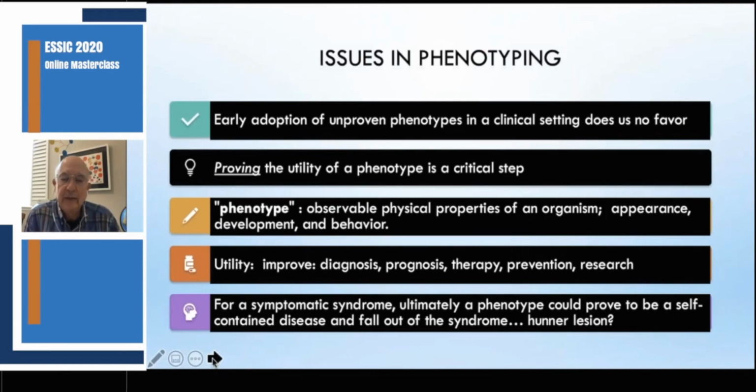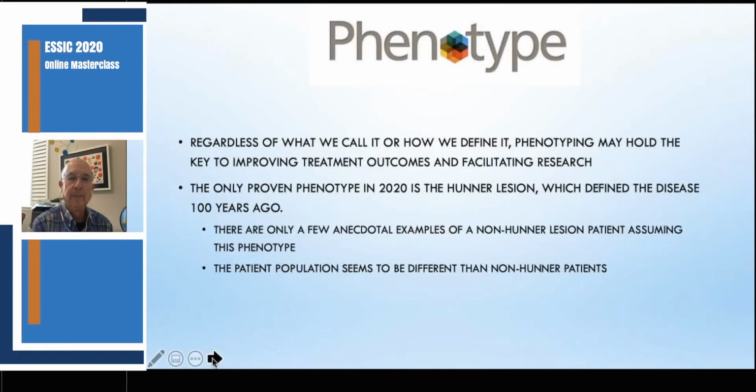For a symptomatic syndrome, ultimately a phenotype could prove to be a self-contained disease and then fall out of the syndrome. And I think this is what's happened with the Hunner lesion, which has kind of fallen out of the bladder pain syndrome symptom complex as a separate disorder at this time in 2020.